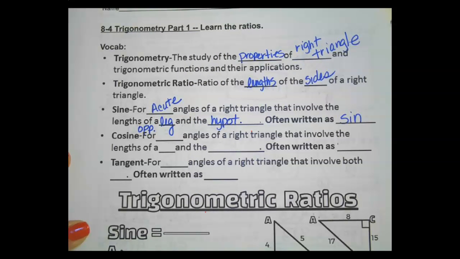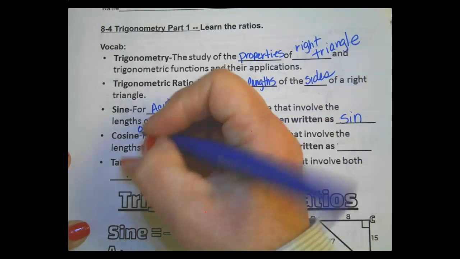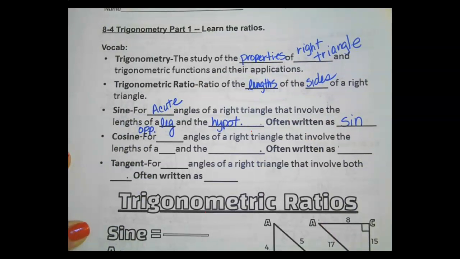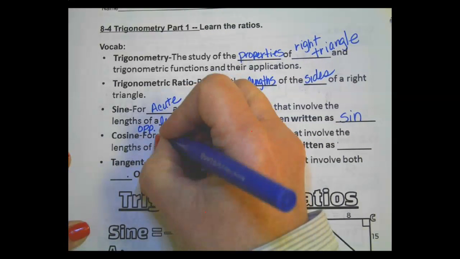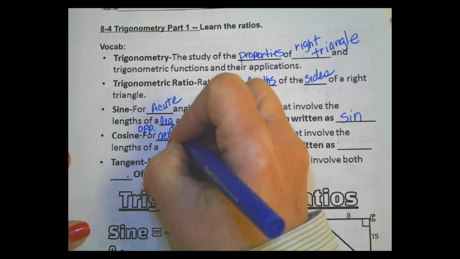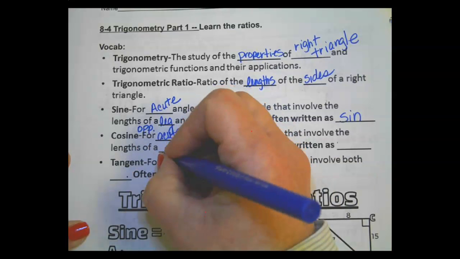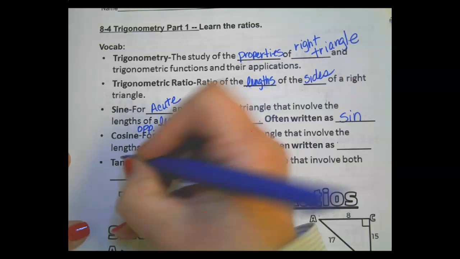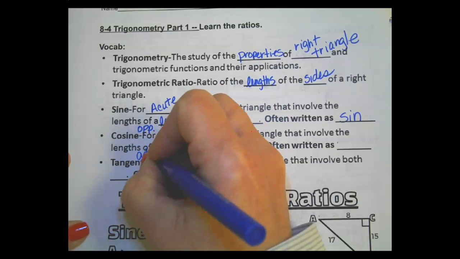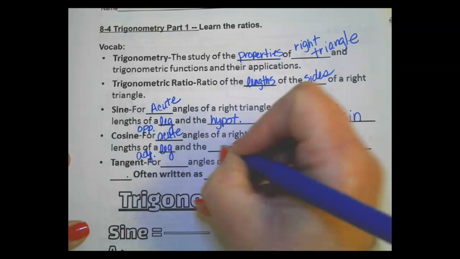All right, so the cosine. The cosine also has to do with those acute angles, because obviously, in a right triangle the other two are acute. It involves the lengths of a leg and the hypotenuse, but a different leg. This one is your adjacent leg, and we're going to get through that in a minute.